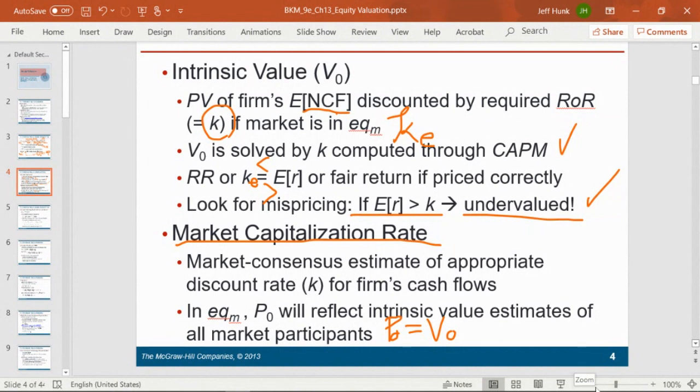But this is only in principle, in theory, because market consensus will be equal to the correct required return only in the long run, right? Only in the long run. In the short run, there is no way there can be any consensus in the market, right?